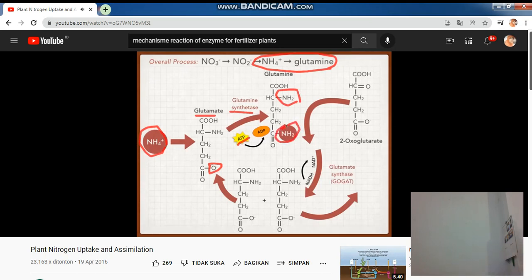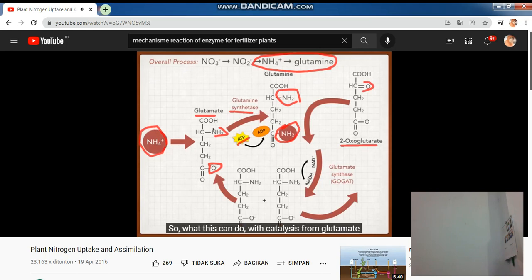So then we add a molecule of 2-oxoglutarate, which actually comes from the Krebs cycle of cellular respiration. And you'll notice that this molecule is different from glutamate because it has this carbonyl group up here instead of an amino group.